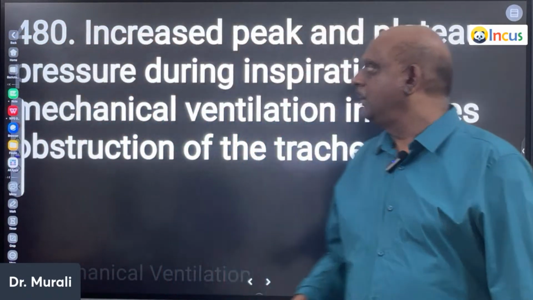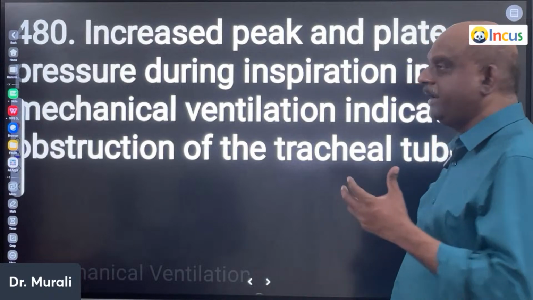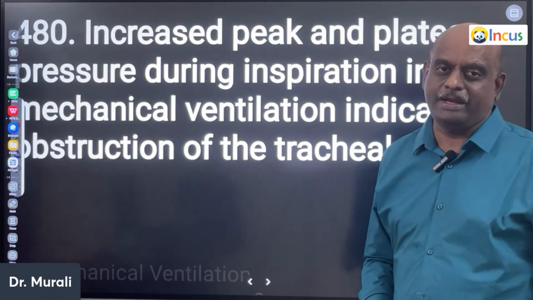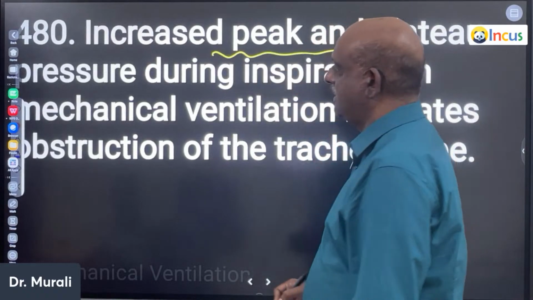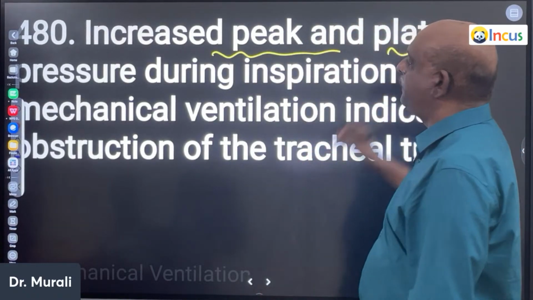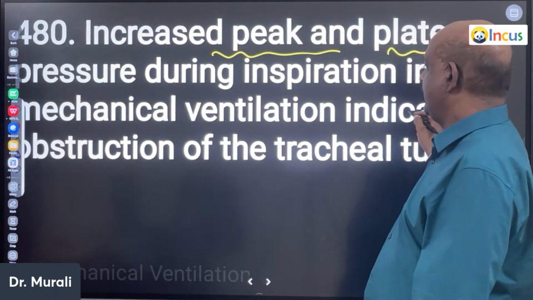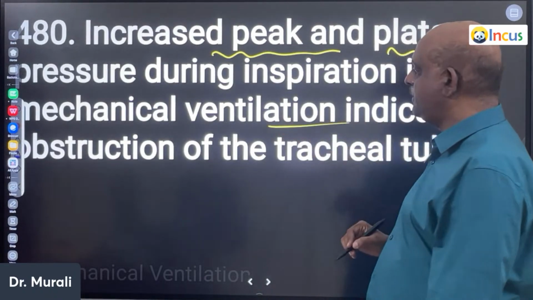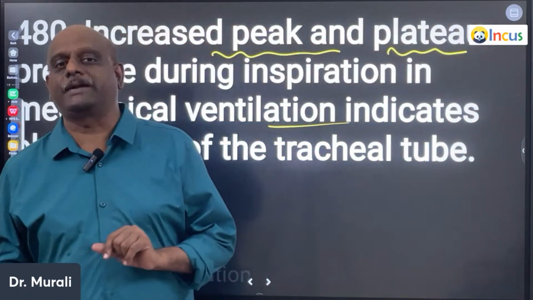Now, how do you know that there is an obstruction of the tracheal tube? Any increased peak pressure or increased plateau pressure at the time of inspiration, at the time of mechanical ventilation, is a very important indicator that the tracheal tube got obstructed.